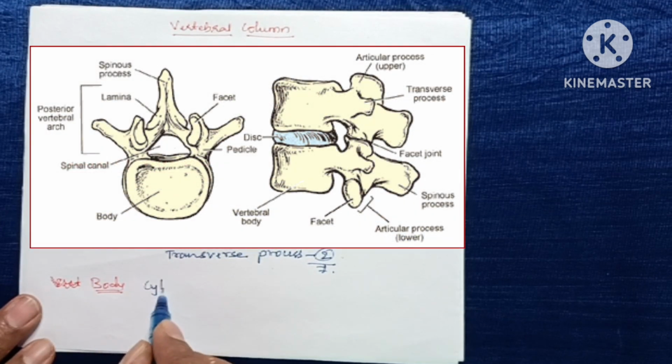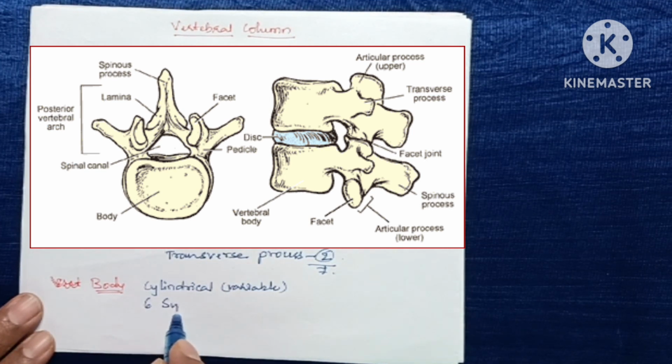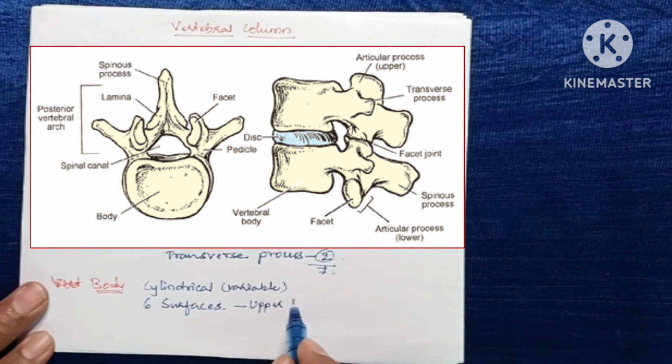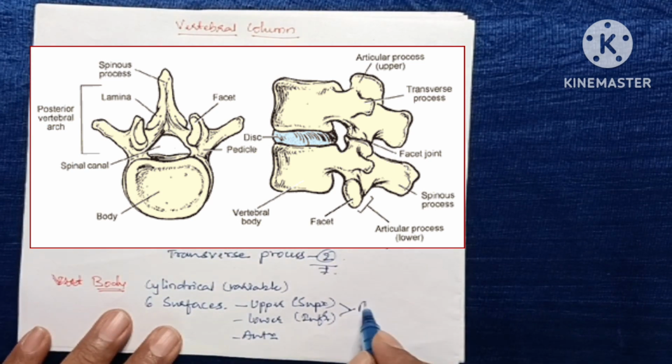We will discuss the body. The body is cylindrical in shape, and it varies according to the location of the vertebra. There are 6 surfaces of the body: upper, also known as superior; lower, also known as inferior; and anterior. The upper and lower surfaces are both rough and provide a joint for the intervertebral disc.